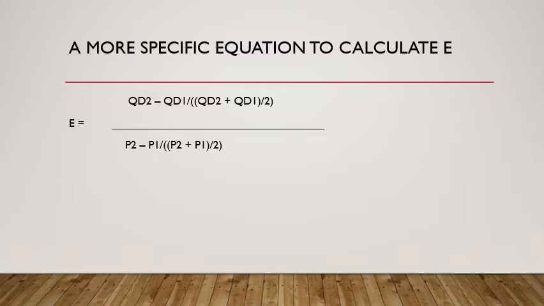Again, because this particular price elasticity of demand is called the segment or arc elasticity of demand, and it looks at a segment of the demand curve. So we're trying to calculate the average elasticity of this segment. What I just said, you're going to see graphically in the next frame.